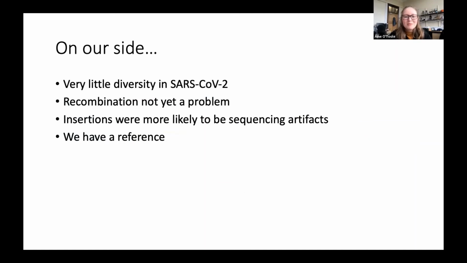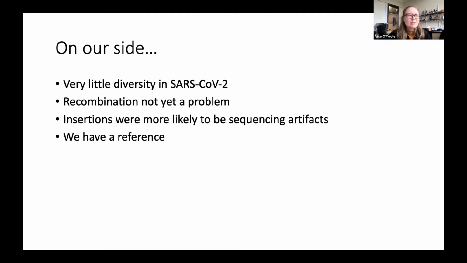On the plus side, one of the characteristics of this outbreak was the intensity of sequencing and the relatively low rate of evolution of the virus. So the result of that is that we see a lack of diversity between sequences. Even now, recombination is not yet a problem in terms of being able to handle some of these issues with pipeline development, and insertions are more likely to be sequencing artifacts than genuine variants.